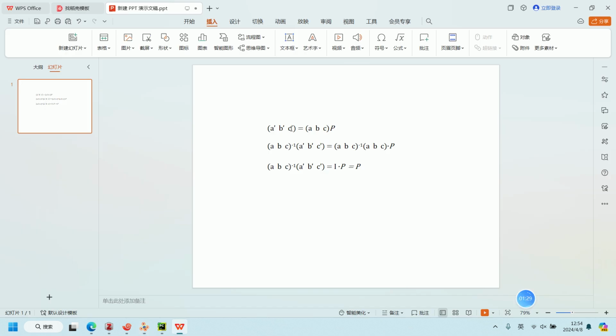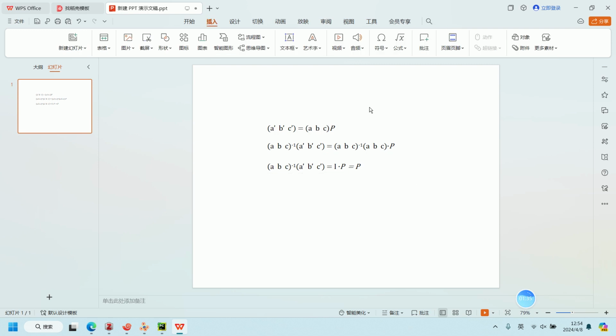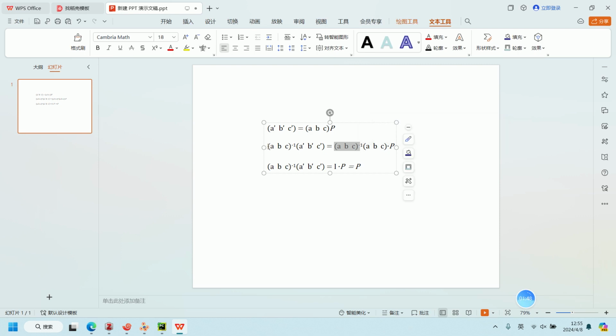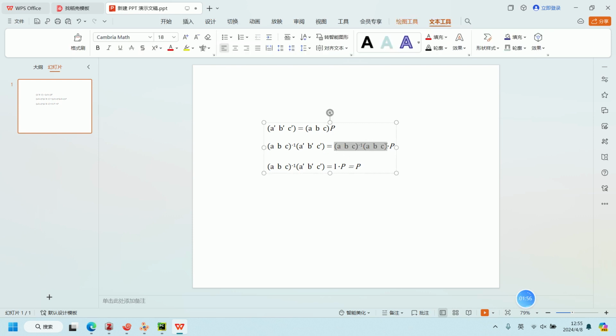So if we already know our old basis vectors and new basis vectors, then we can multiply the inverse of the old set of basis vectors on both sides of this equation, and this is actually the identity matrix.